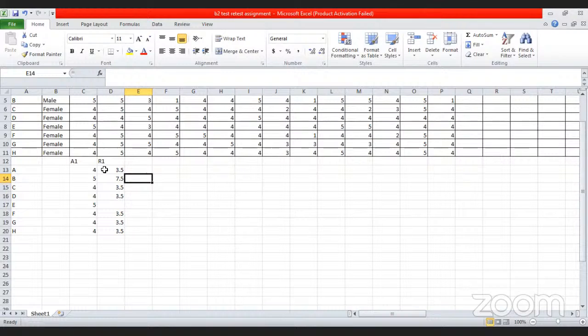And as it takes positions 1 to 6, we have to calculate 1 plus 2 plus 3 plus 4 plus 5 plus 6. Is it clear now?